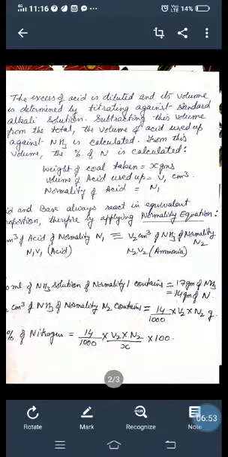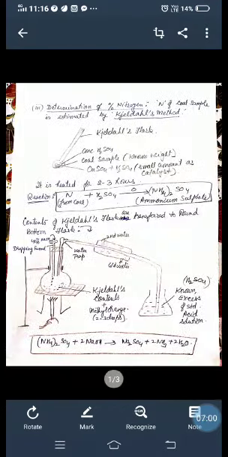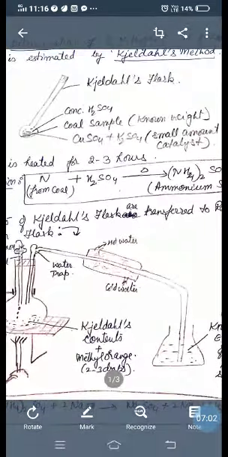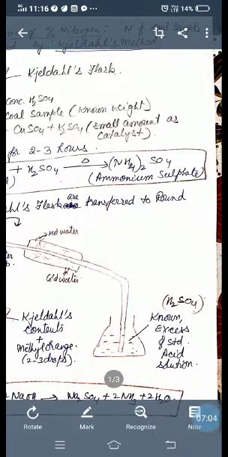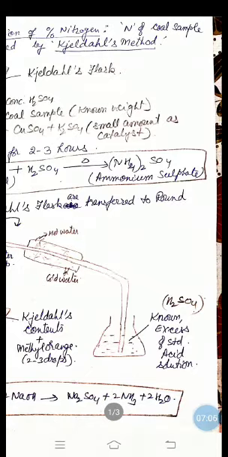Now the excess acid is diluted and its volume is determined by titrating it against a standard alkali solution. We have taken an excess of H2SO4 solution. Some amount of H2SO4 will react with ammonia to form ammonium sulfate, and the remaining H2SO4 will be left behind. So we have to calculate how much H2SO4 is left behind, only then can we calculate how much reacted with ammonia.